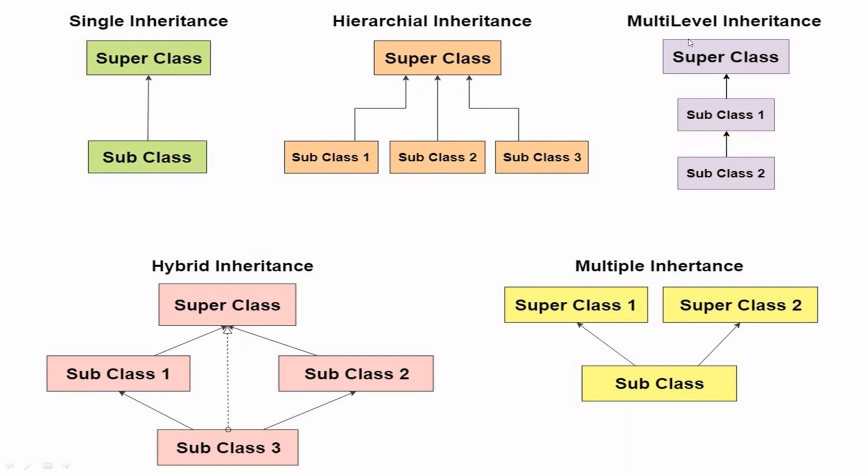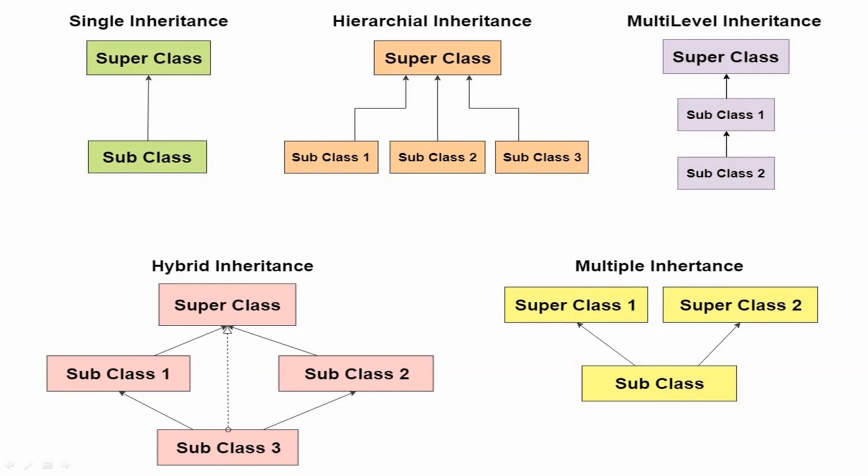In multi-level inheritance, one superclass derives a subclass, which in turn derives one more subclass. Hybrid is a combination of both multiple as well as multi-level inheritance. In multiple inheritance, using two parent classes, we derive a single subclass.